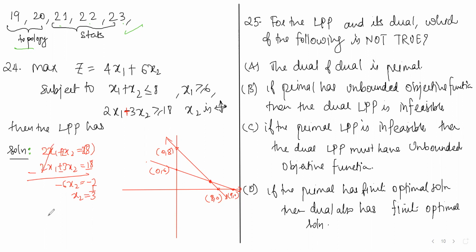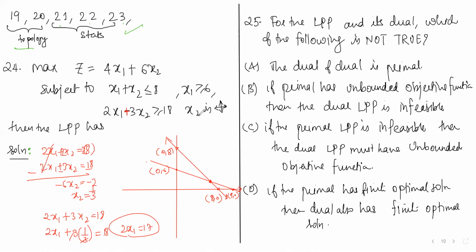So we get 2x1 plus 3x2 equal to 18. So 2x1 plus 3 into 1 by 3 will make it 18. So 2x1 equal to 17. Oh, something is fishy.